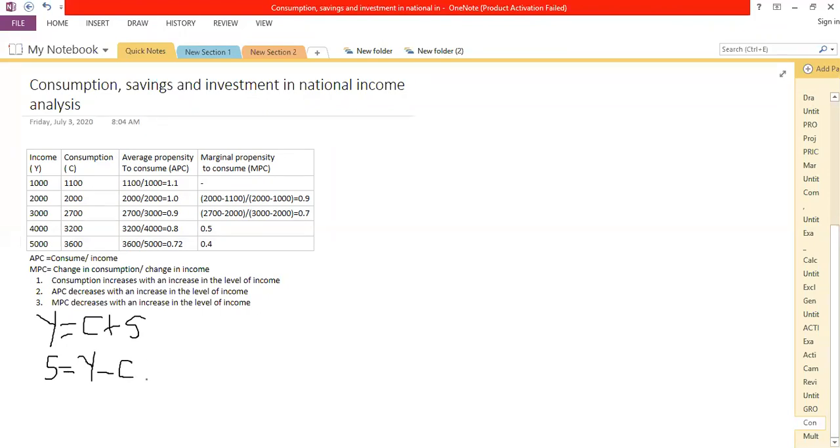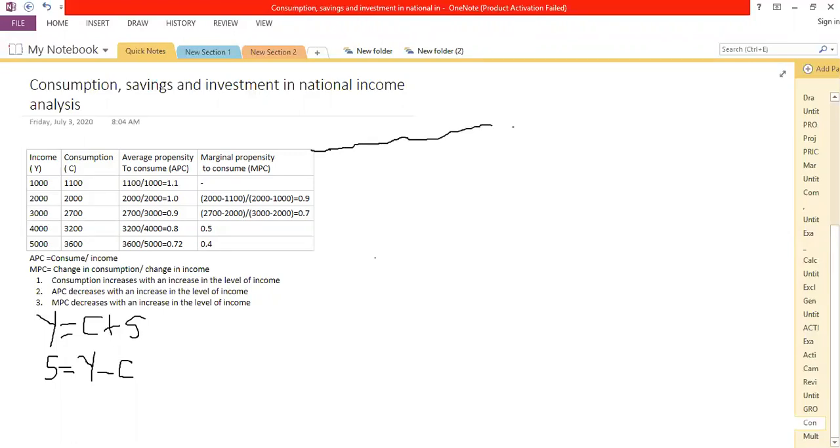Do we see savings increasing or declining with an increase in the income? Do we see the propensity to save again increasing or declining with the level of the income? Let's use this illustration as we determine our savings, again, the level of consumption, or rather the level of the propensity under the average, as well as the marginal propensity to consume. So we are going to use the same table as we develop our savings.